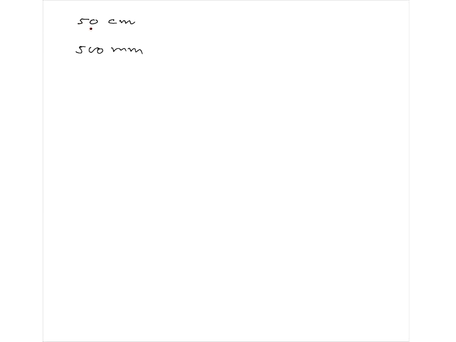Same answer can be given in meter also. Half meter, 0.5 meters. Well, even if you look at these two, I hope you get the point what I am trying to say. 50 centimeter information does not tell me that I should consider two significant figures or three significant figures.